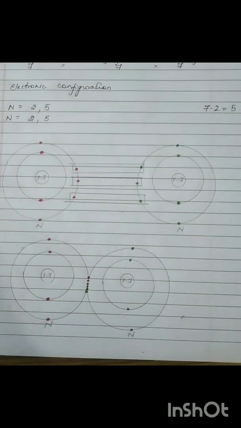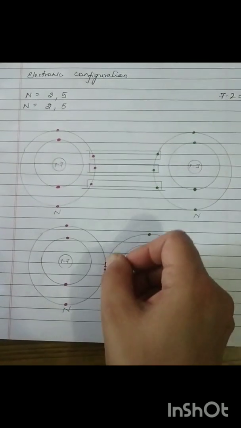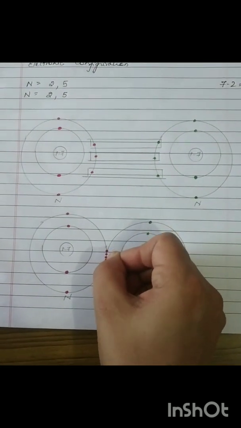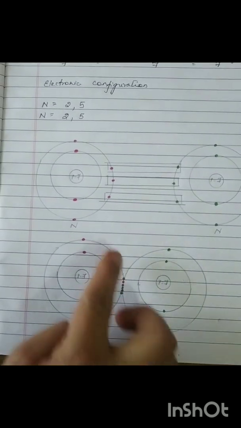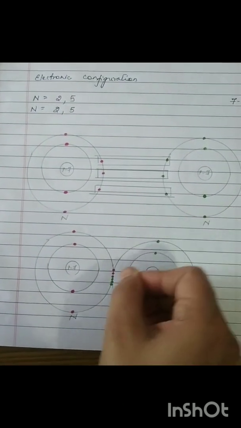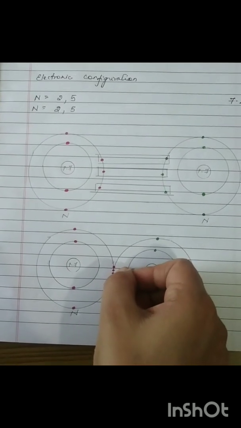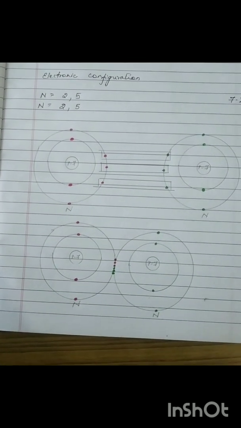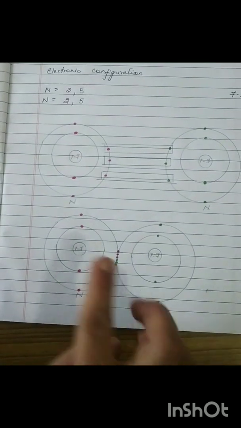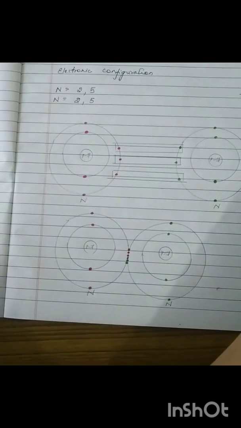So let's count now. 1, 2, 3, 4, 5, 6, 7, 8 for this one. 1, 2, 3, 4, 5, 6, 7, 8 for this one. So how many electrons are they sharing? 3 electrons each.